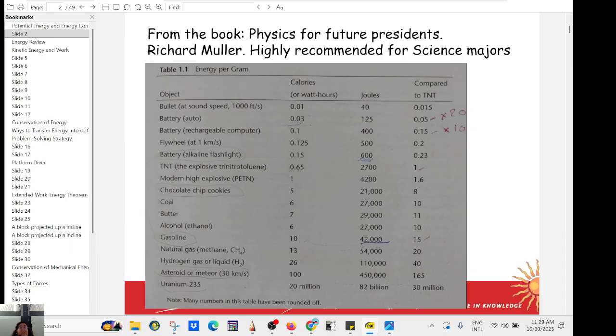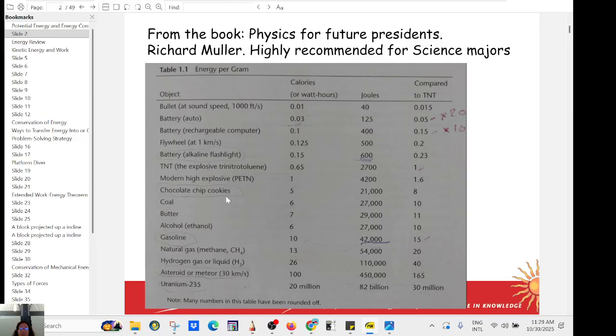That comes from the book I was telling you, interesting. He compares in that book, that professor here, it's called Physics for Future Presidents. Sometimes it can be very surprising. He compared the energy delivered for the same mass of different systems.